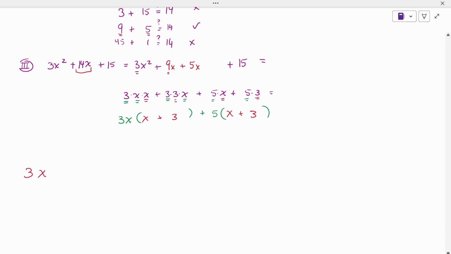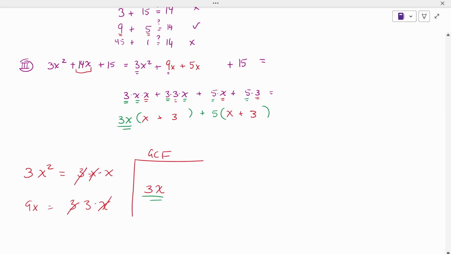So if you have 3x squared and 9x, and we find the GCF of these guys, note that we're expanding the terms by prime factorization, and then in a special box, you write the GCF of the terms. And that tells you what goes outside of your sequence of parentheses.